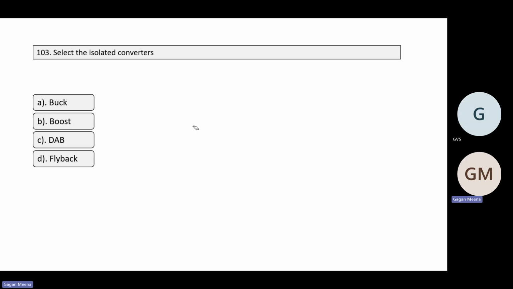Another disadvantage of these non-isolated converters is that the gain we get, V output by V input, is at most 4. We cannot go beyond that. And if you want to go beyond that, you have to use an isolated one. So isolated provides isolation and also increased gain.